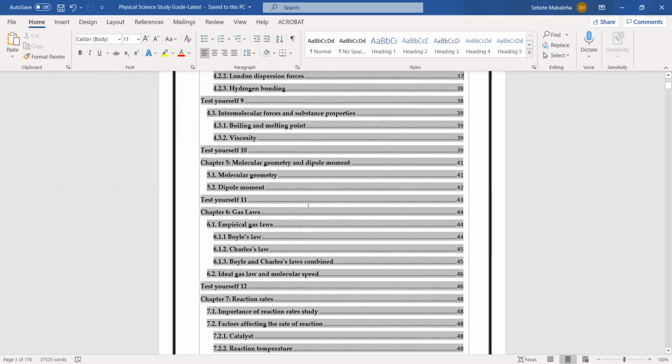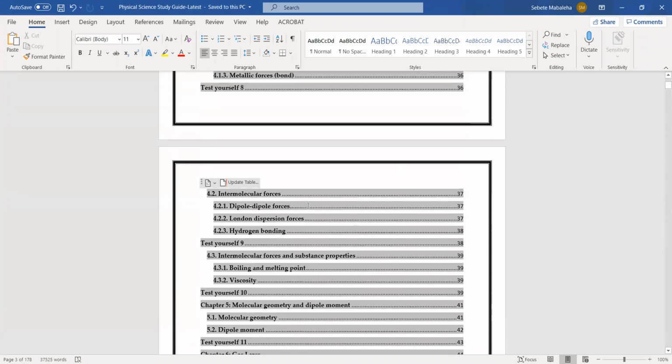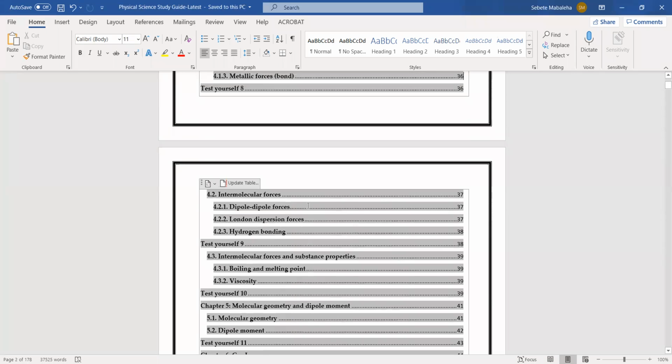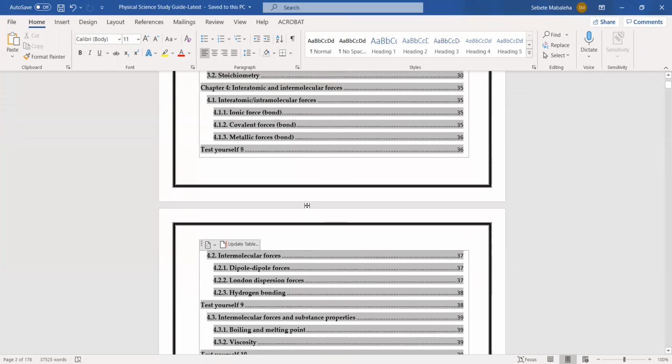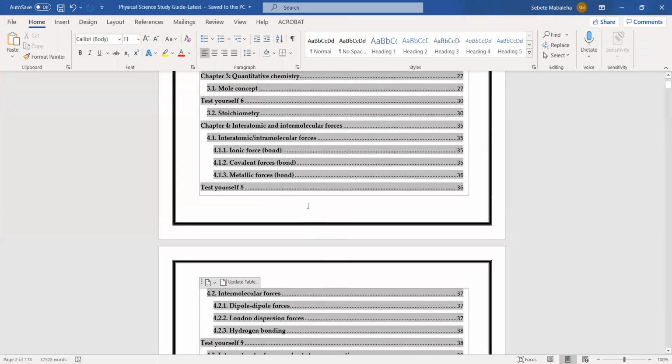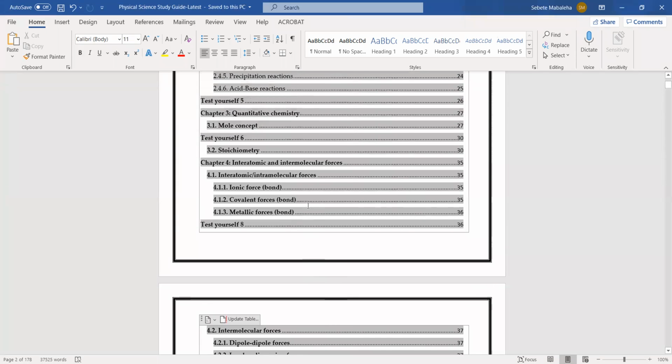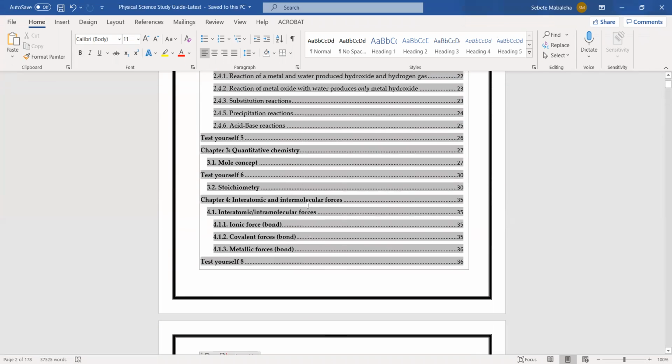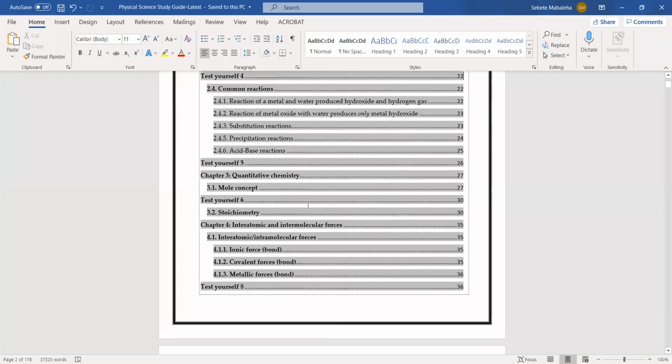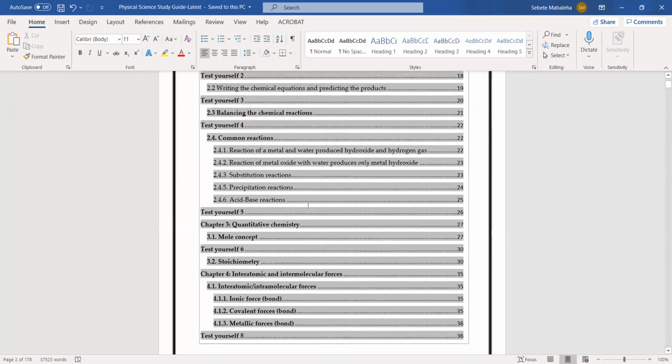What do you have here? Molecular geometry, dipole moments, intermolecular forces. Quantitative chemistry, where we're going to be doing more concepts.